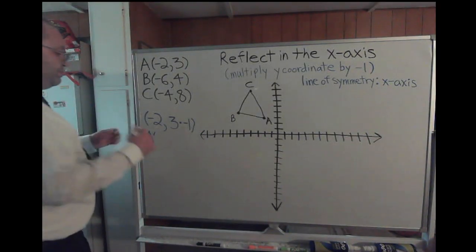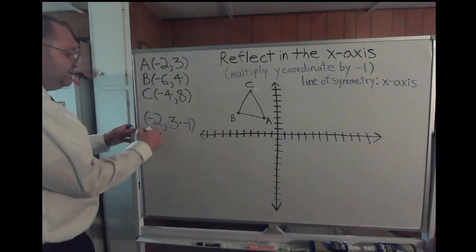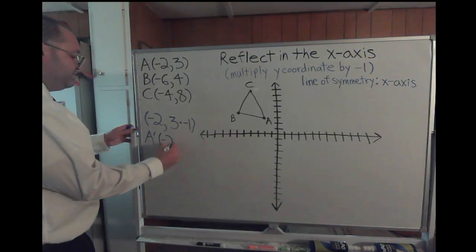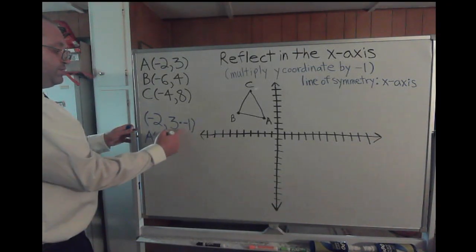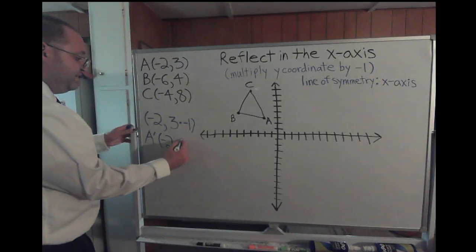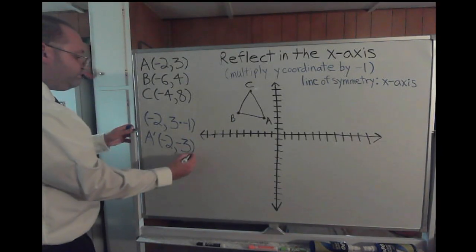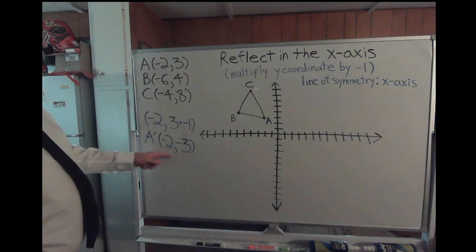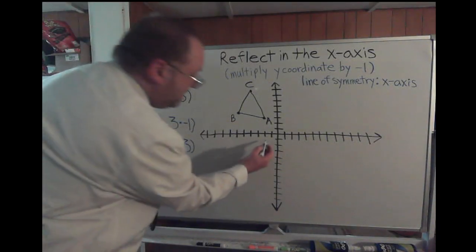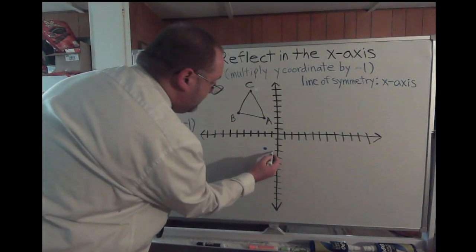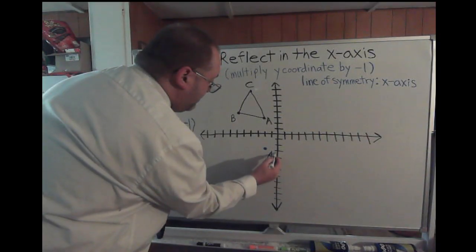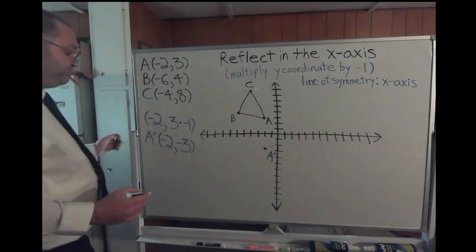So A prime, for the x coordinate being left alone, -2, it'll stay -2. But your y coordinate, 3 times -1, becomes -3. So A prime is located at -2, -3. And we can plot that point right here. That's going to be our A prime.